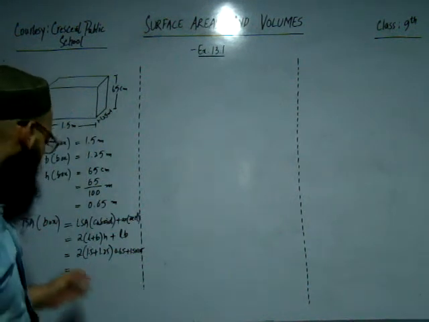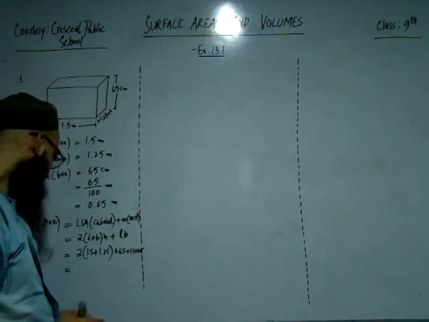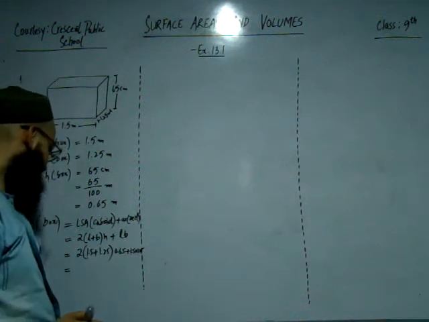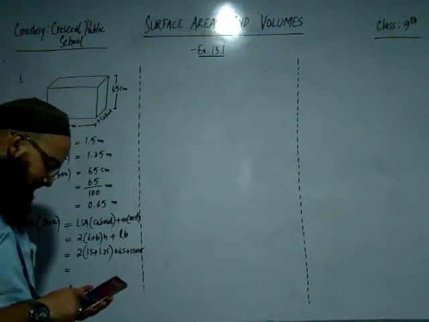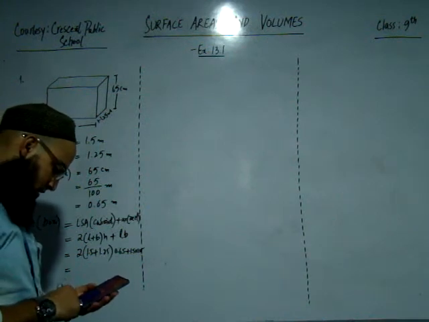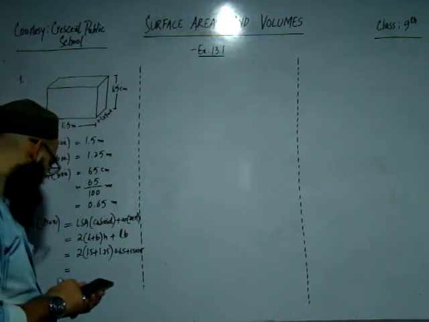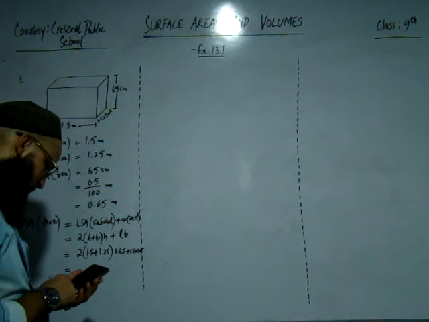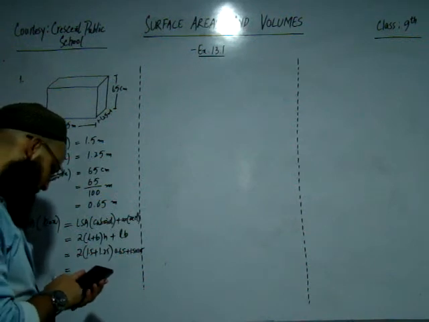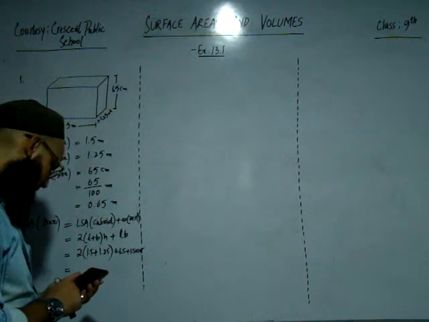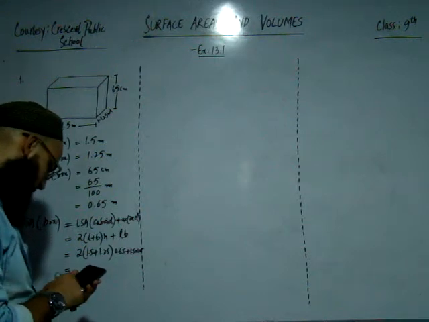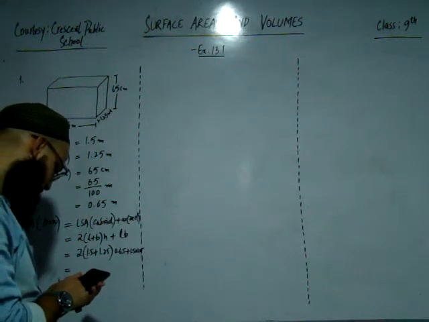Then I'll solve this. Let me use the calculator here. It is 1.5 plus 1.25 times 2 times 0.65.